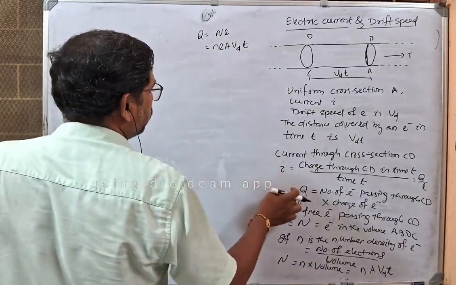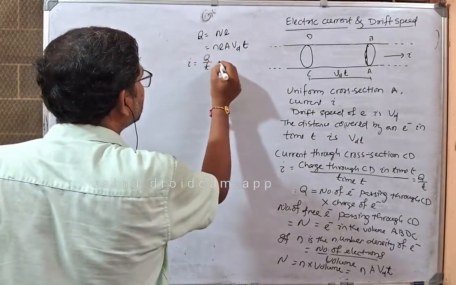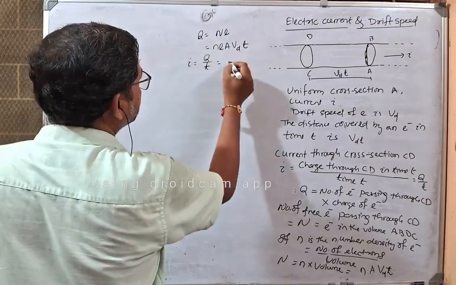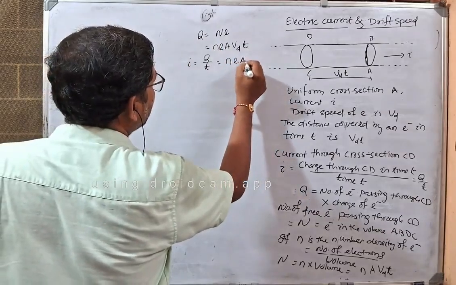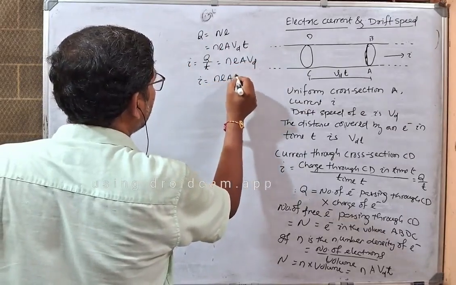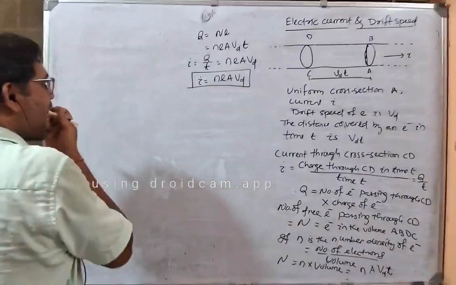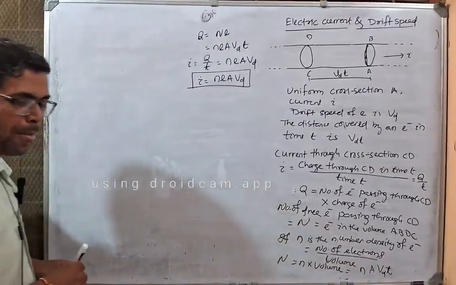So this is Q. Then what is I? Q by t. Divide by t here. So current is n e A Vd. So this is the relation between current and drift speed.